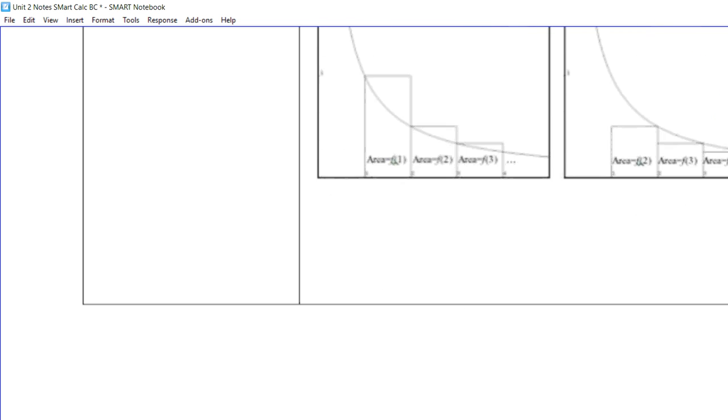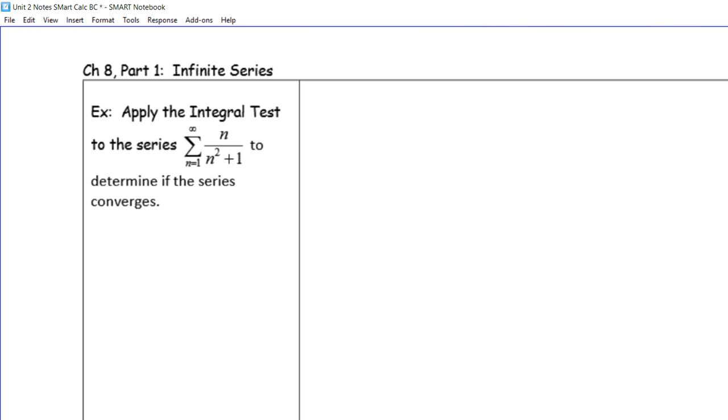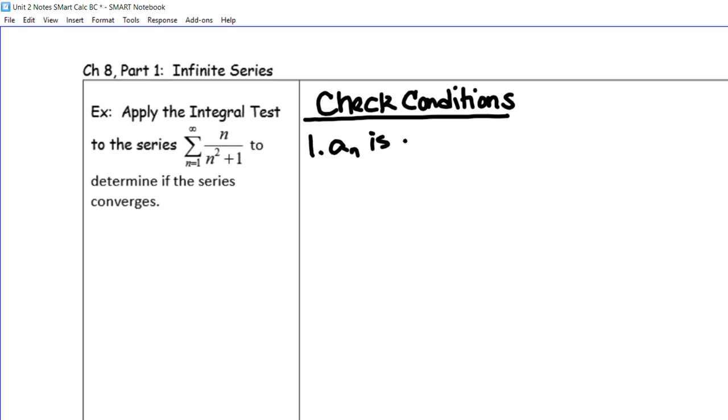Okay, so this one wants me to apply the integral test. So first we need to check our conditions. So the first one I want to show is that a sub n is positive, for some n forward, right?